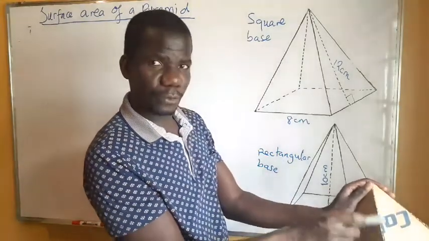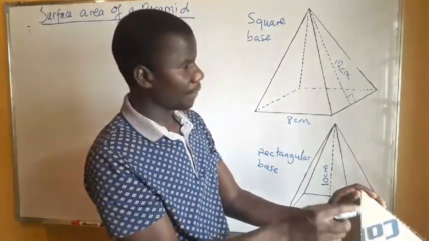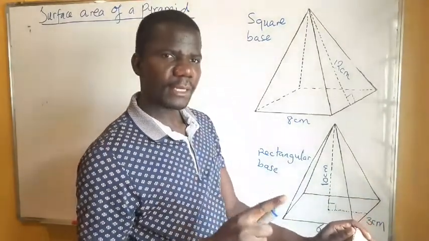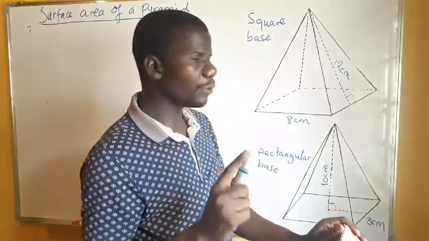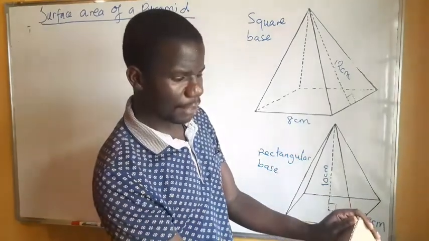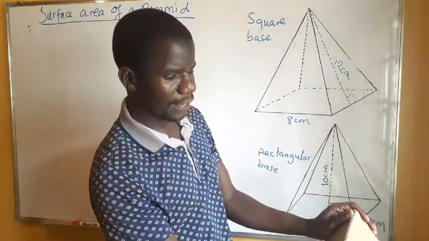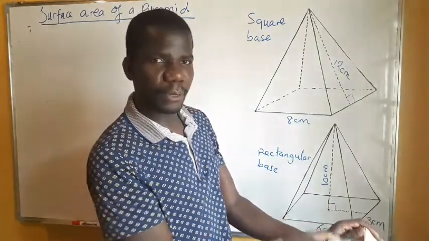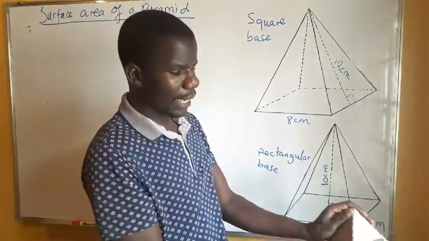Now I want you to follow me. When we open this one, to find the area of a triangle, what we need is the slant height, like this middle height here, which is going to be our height. This is not what we are going to use. Now, look at this.